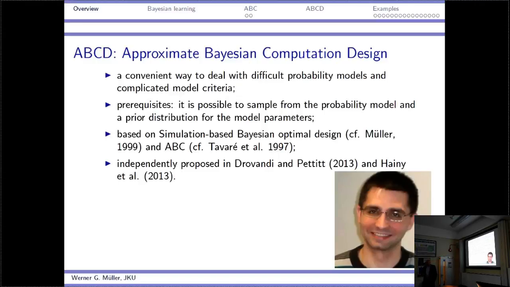The story of this project was the following. I had met Henry Wynn in Cambridge at the Newton Institute special semester in 2011, and we came up with this idea of using ABC for optimal design purposes. Then we wrote a joint research proposal for the Austrian Science Fund.